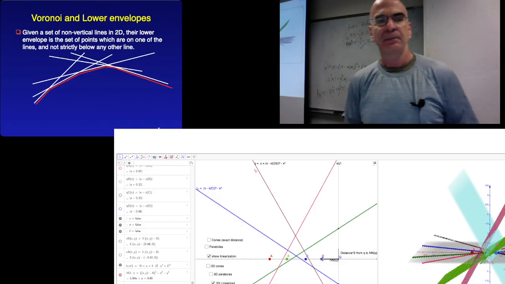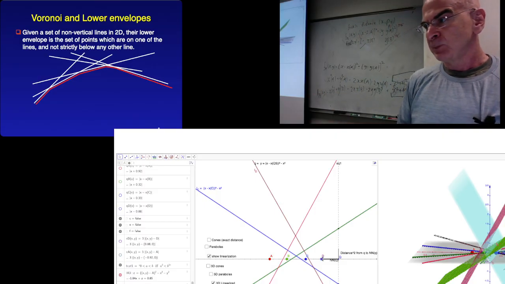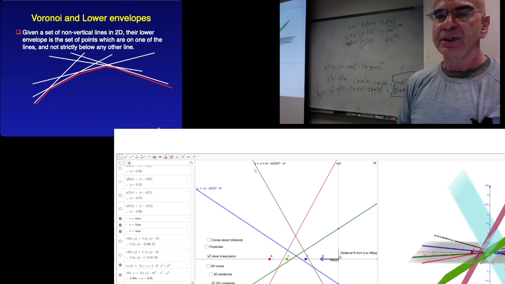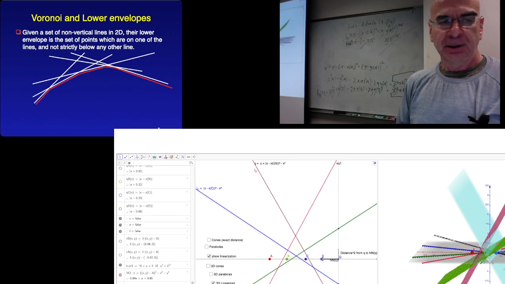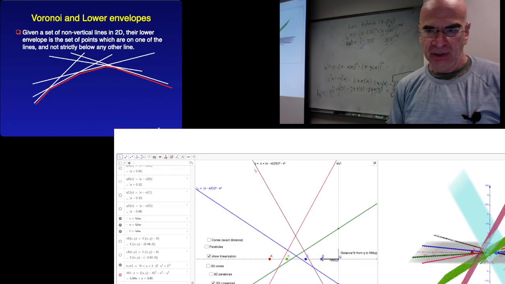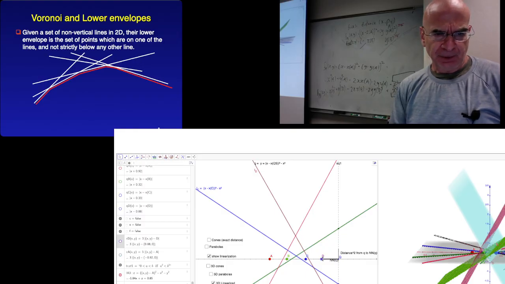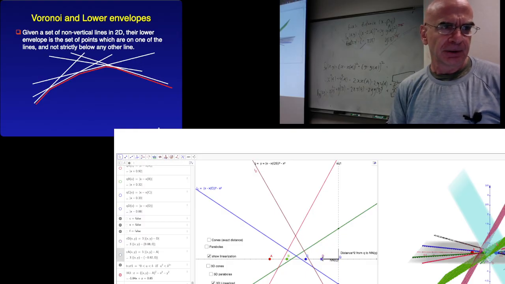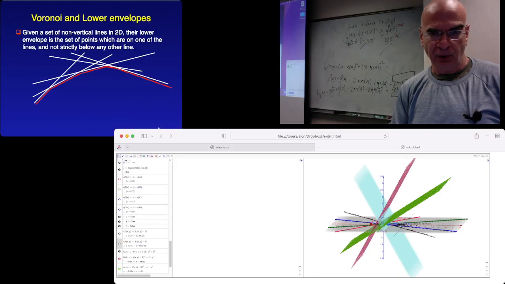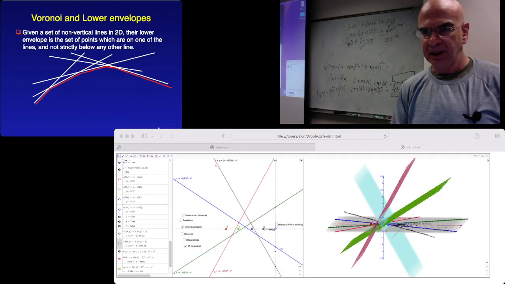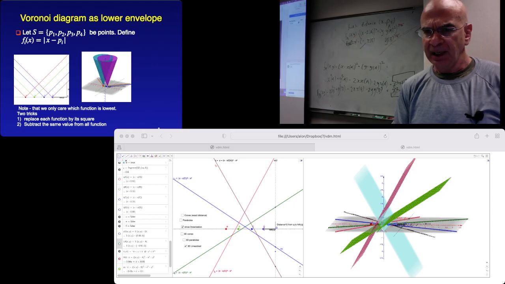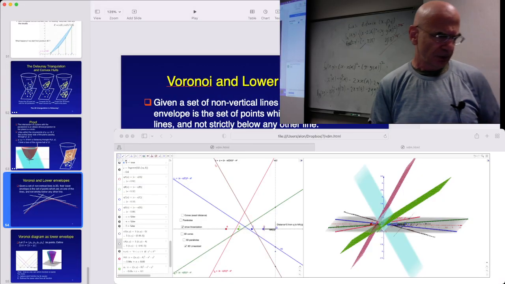Whatever my measurement is, I can ask who is the nearest neighbor in a much clearer way. The slides are partially prepared for it, so I was mentioning it before leaving the lower envelope completely. I'll finish the slides, but hopefully it was clear.